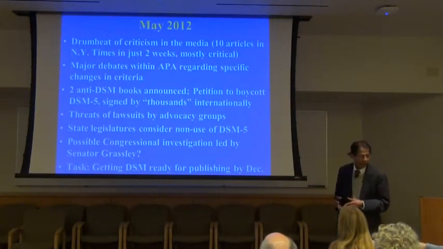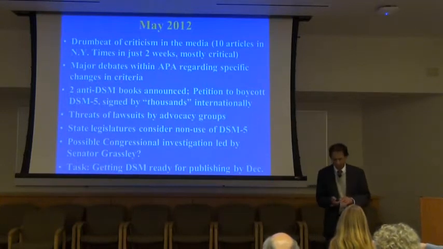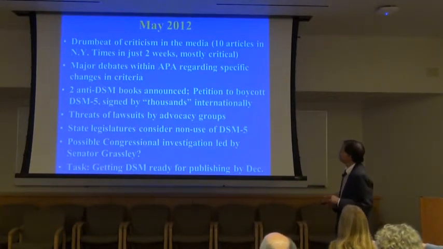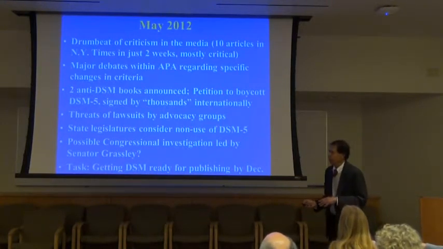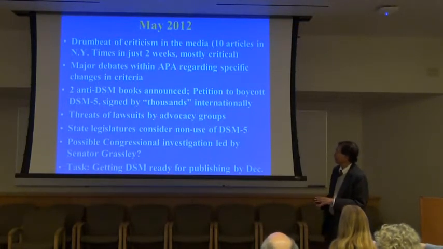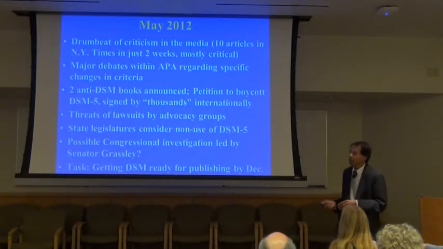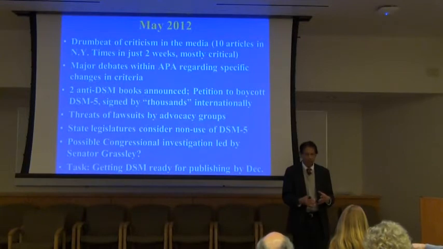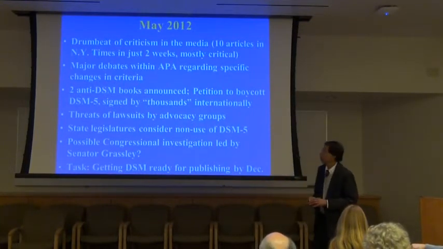Two anti-DSM books were already announced, one by Allen Frances and another by Greenberg, and those books, by the way, came out last month. There was a petition to boycott DSM-5 by counselors, among others, and it was apparently signed by thousands of people internationally. There were threats of lawsuits by advocacy groups. They said if people suffering from certain conditions don't get reimbursed because they're not included, we will file a lawsuit.